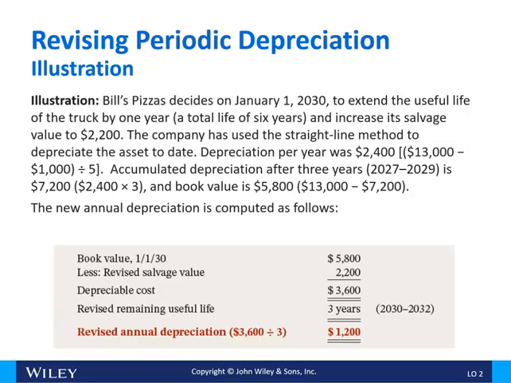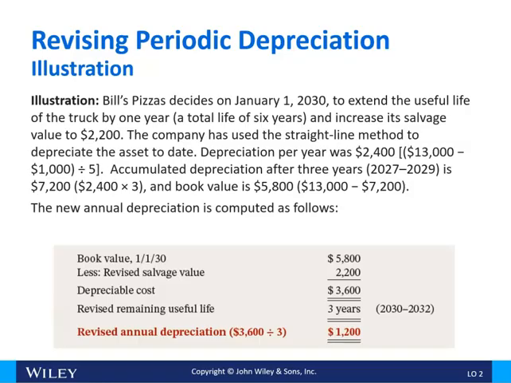So we have a depreciable cost of $3,600. We're going to have 3 years remaining, so the original 2 plus the new one that we're adding on. So 3 years, $3,600 depreciable cost. Our new annual depreciation is going to be $1,200.